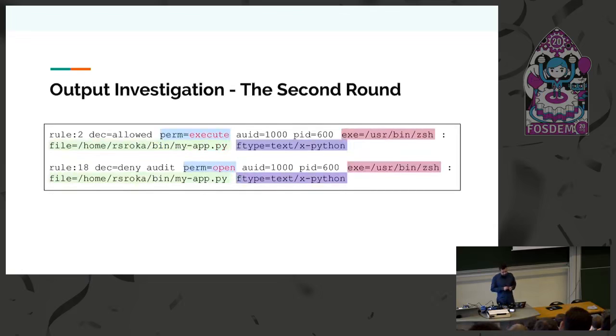Well, if we grep again in the output of Fapolicyd, we will get 2 lines now. The first is allowed, permission execute. So the rule we put at the beginning of the rules file actually matched.